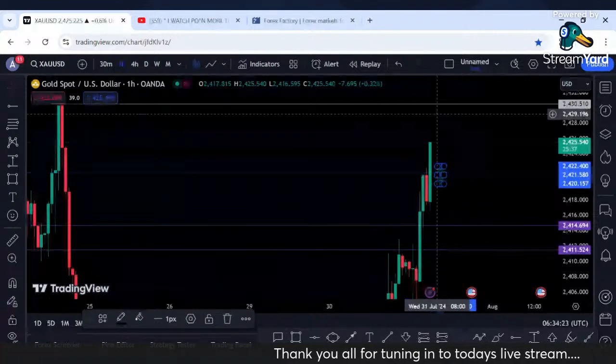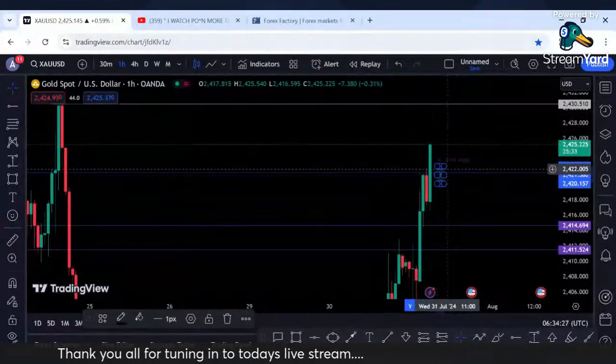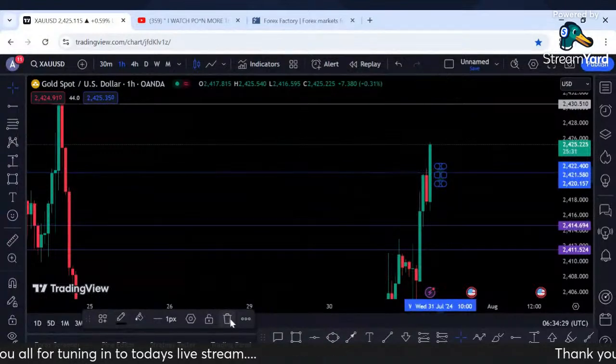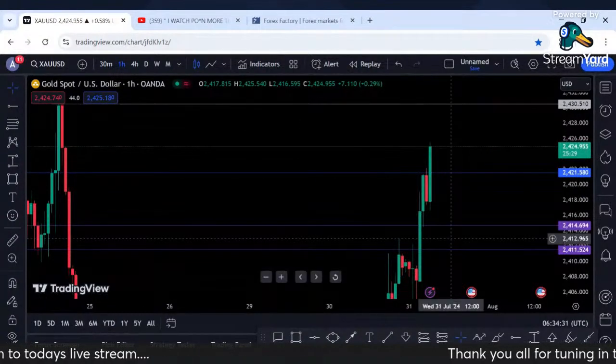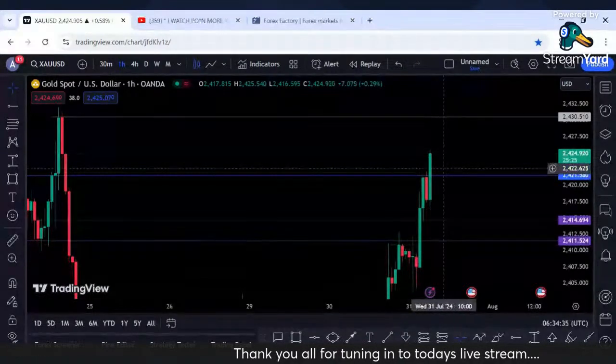Then you join the train. It rests on support and resistances. Let me say it rests on levels, key areas, key levels.